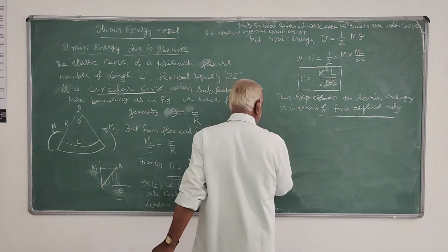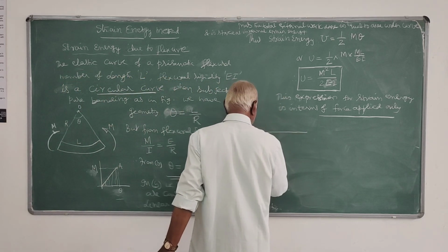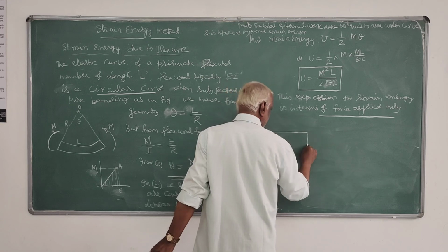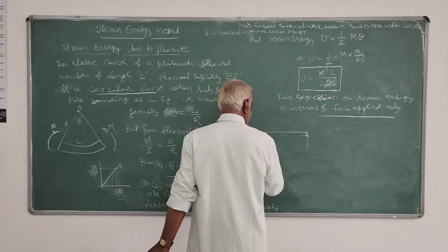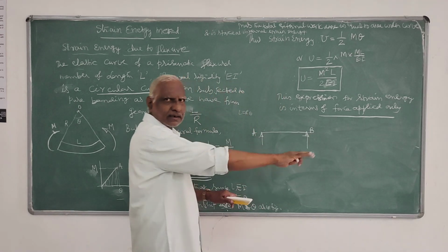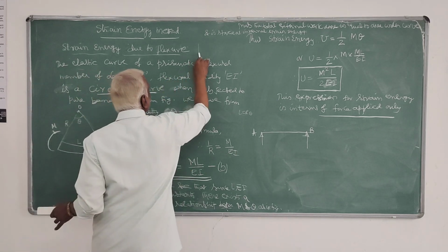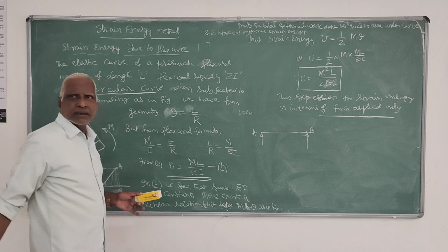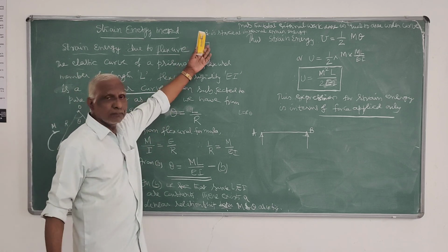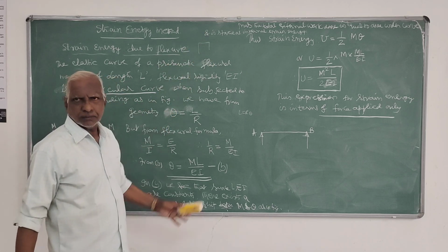Now you consider a beam member AB, any member of a continuous beam or any member of a rigid plane frame. They are also beams only, subjected to bending.